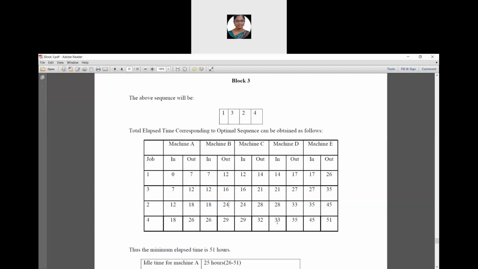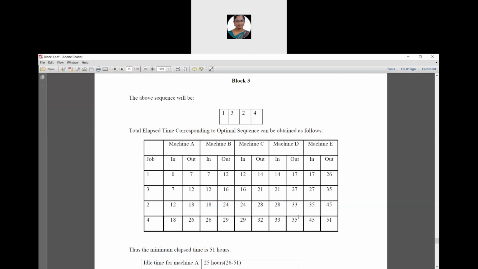So for out value, in value 33 plus the processing time for the fourth job in machine D. It is 2. So 33 plus 2 is 35.